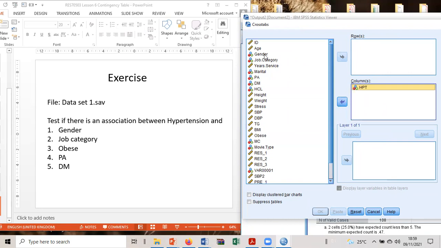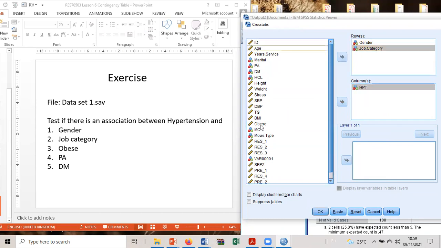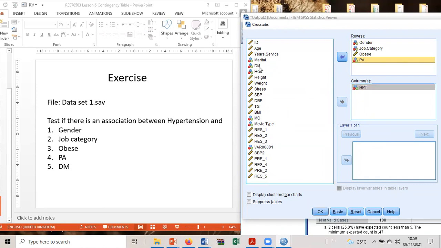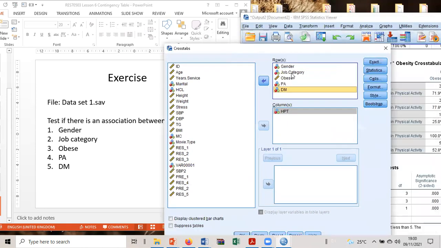Other variables: gender, job category, obese, physical activity, diabetic. So instead of doing one at a time, I can do all in one go.